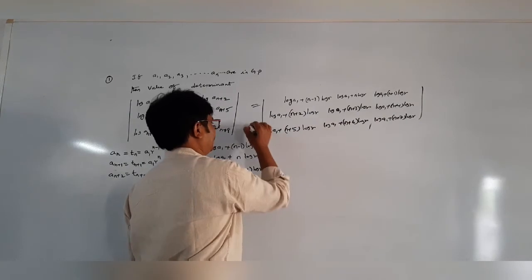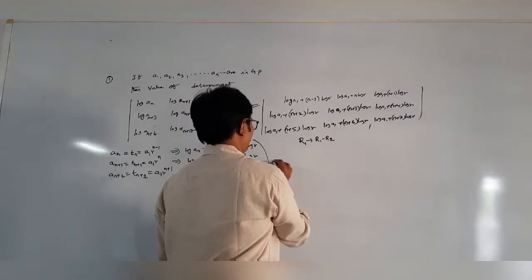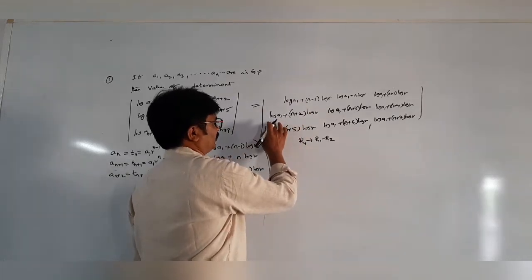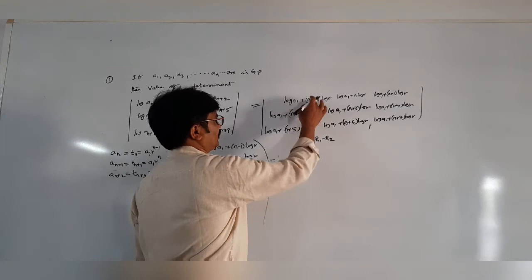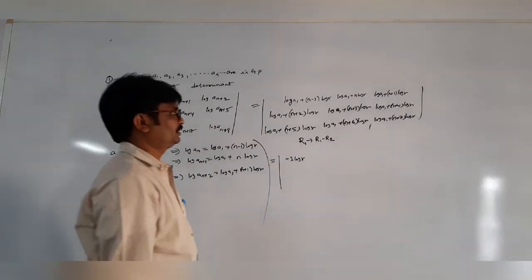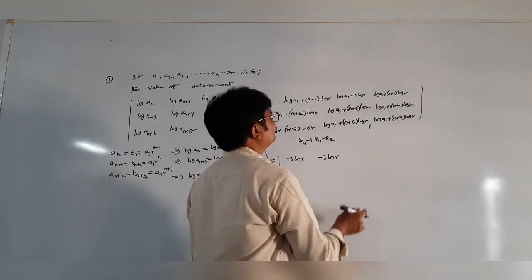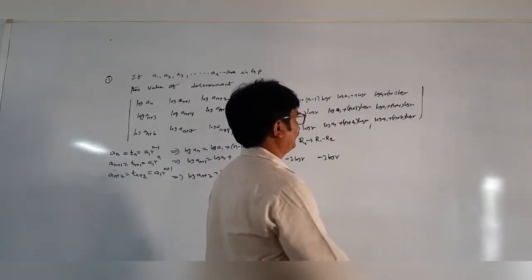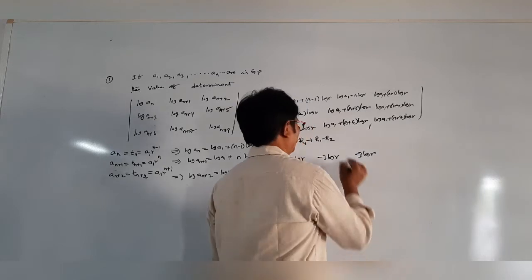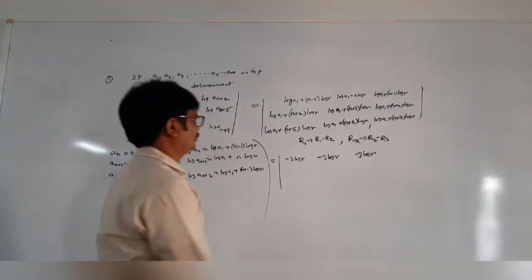So now how to write? R1 is replaced by R1 minus R2. That is undoubtedly log A1 cancels, n cancels, minus 3 log R. After that again it is minus 3 log R. Log A1 n log R cancel, that is minus 3 log R. After that R2 replaced by R2 minus R3.